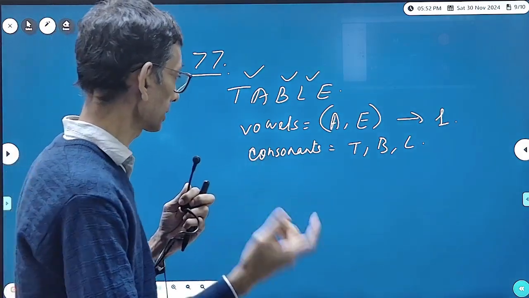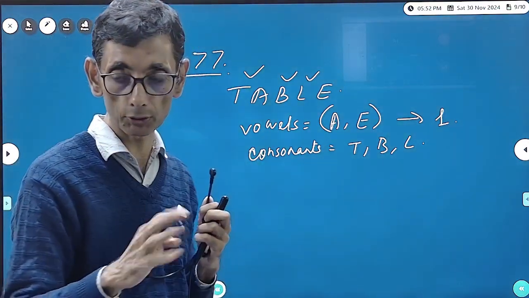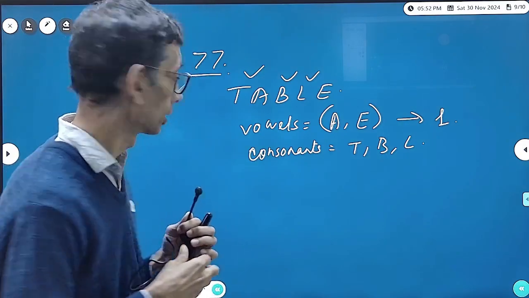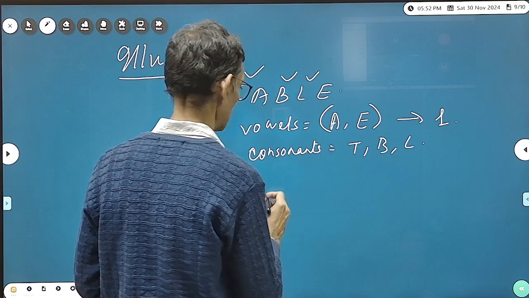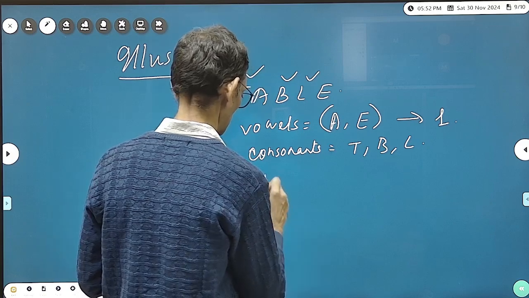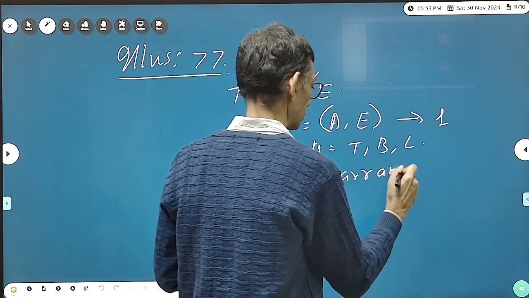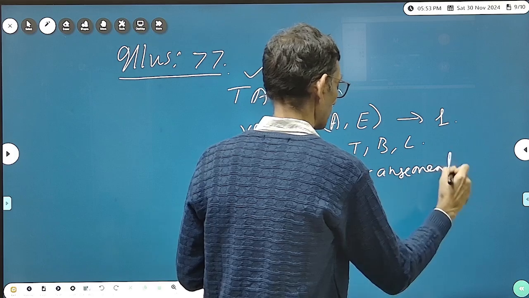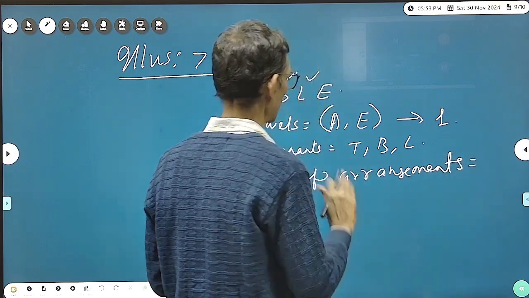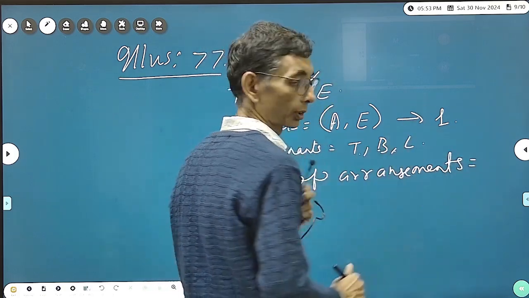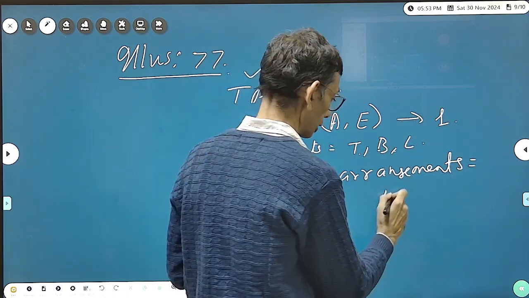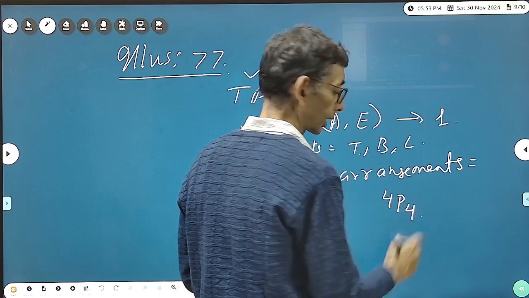Considering that one letter and the remaining 3 letters, altogether 4 letters are there. So the number of arrangements is 4P4.